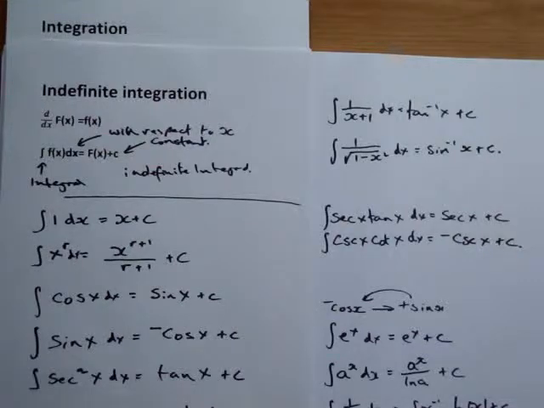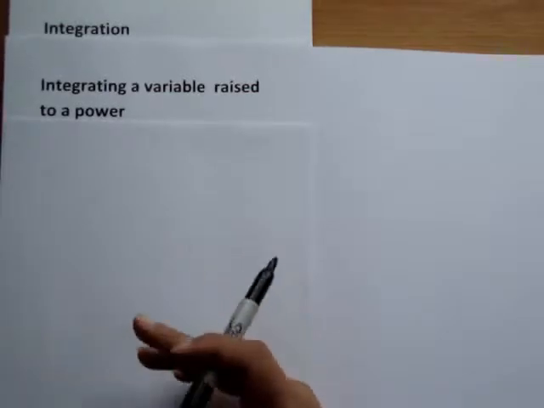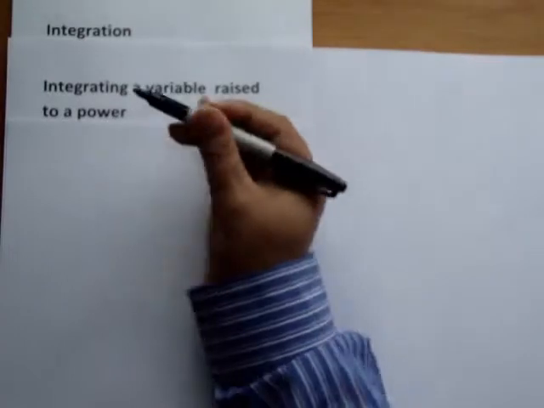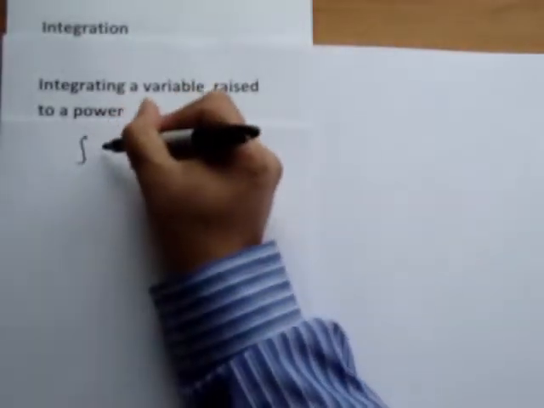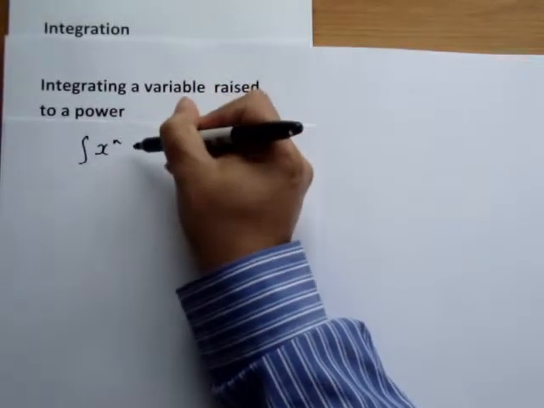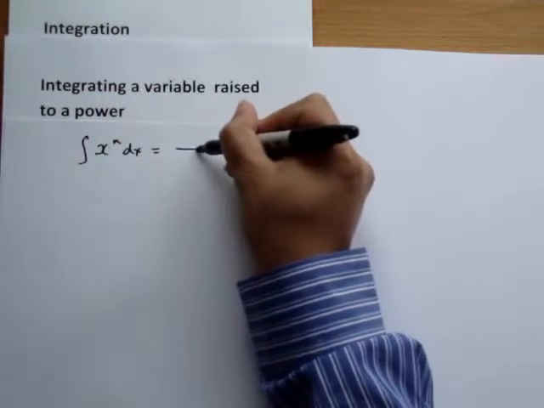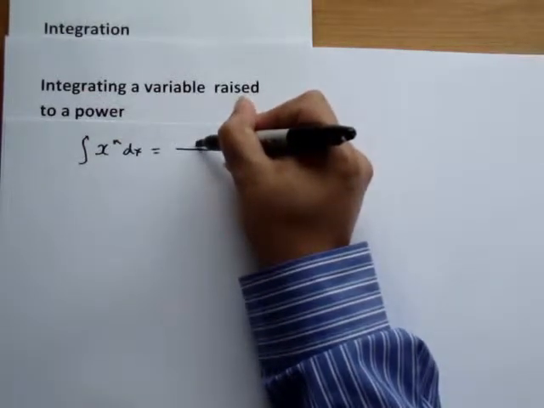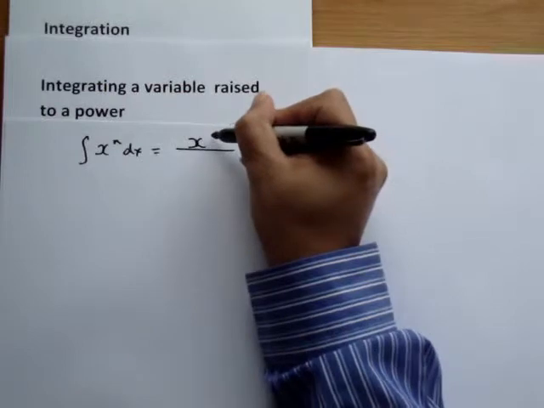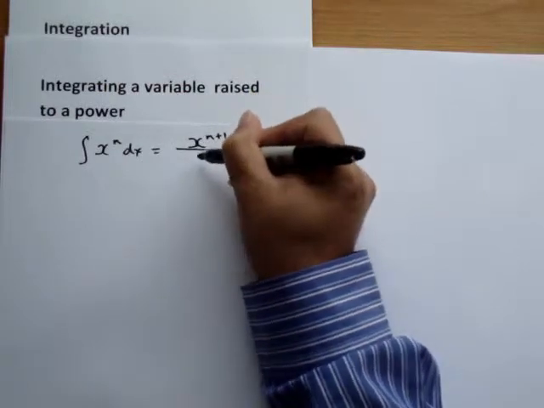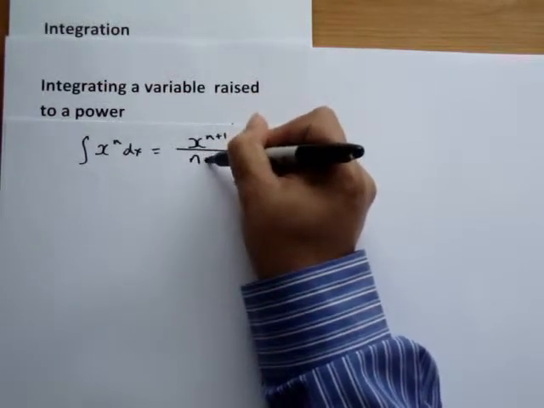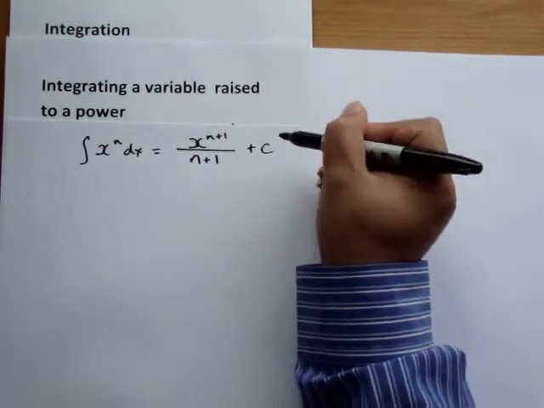So those are to be memorized and are very useful when we're doing indefinite integration. Integration rules and some examples of integration. Integrating a variable raised to a power: if we have the integral of x to the power n dx, the rule is x to the n plus 1 over n plus 1, plus c.